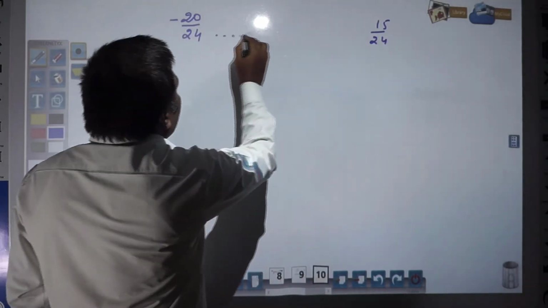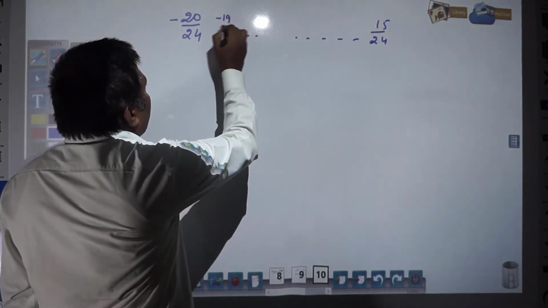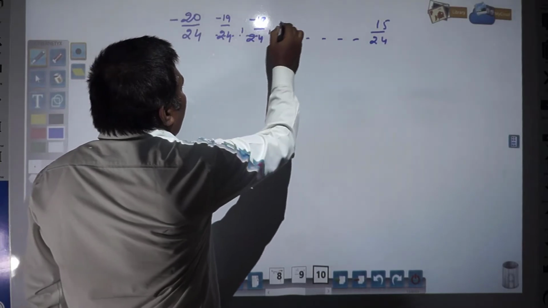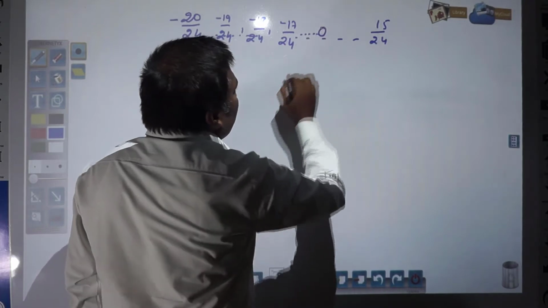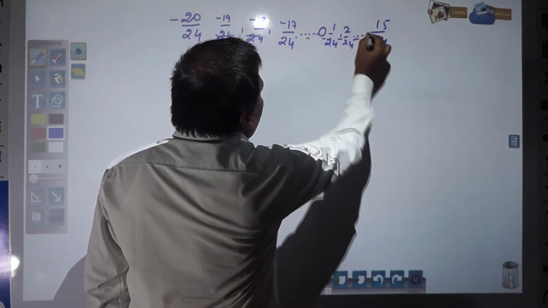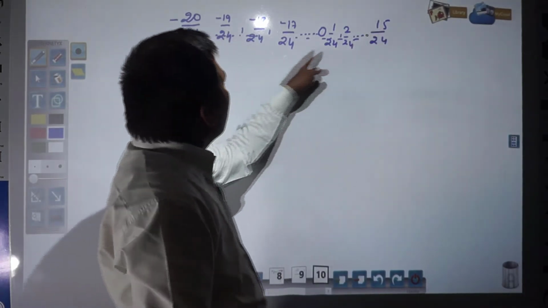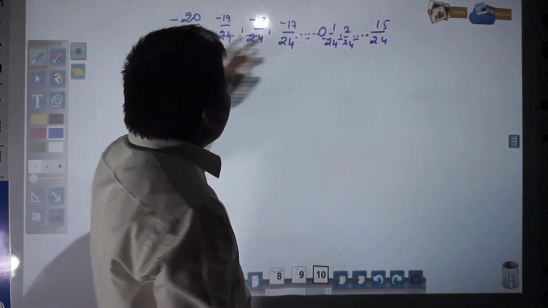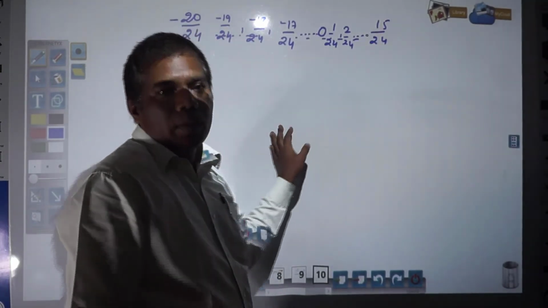Between them we can find minus 19 by 24, minus 18 by 24, minus 17 by 24 and up to 0, and then 1 by 24, 2 by 24 and if you continue, up to 15 by 24. So this many numbers you have in between. Any 20 numbers you write down, that will be your answer.